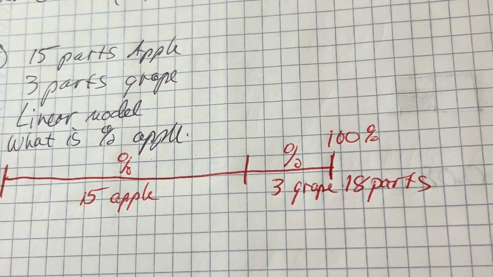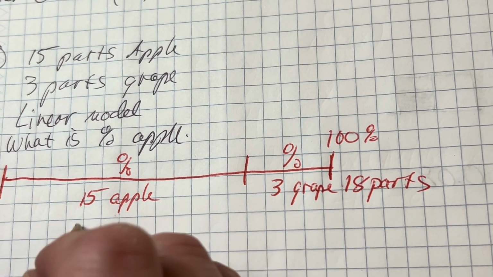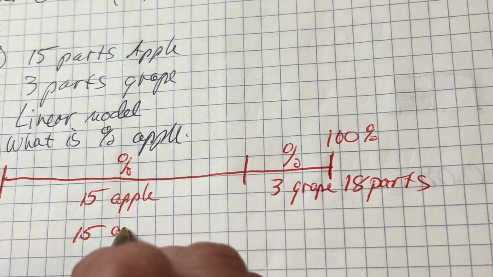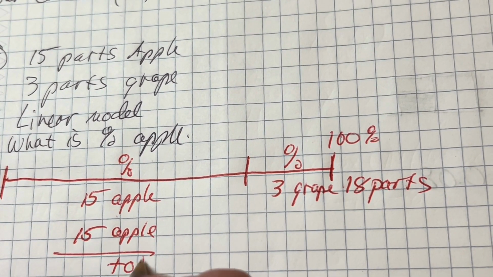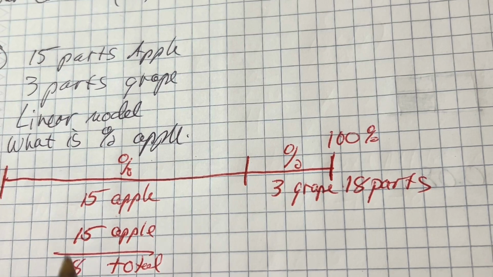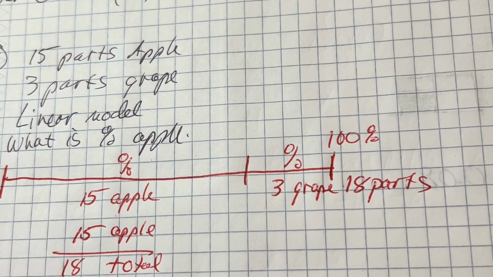So if I have 18 parts, I have apple. Well, that's just going to be a fraction. I would say 15 parts apple over the total parts, which is 18. So if I find the percentage of apple, it's simply going to be 15 divided by 18.